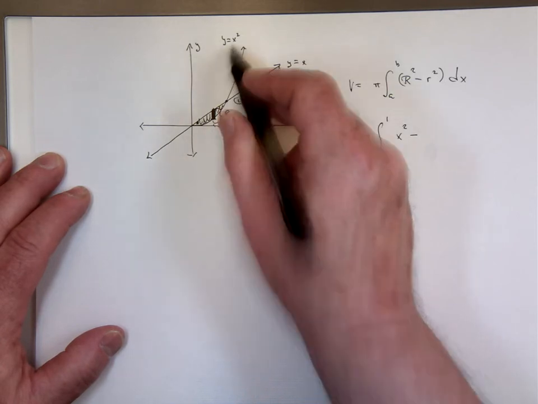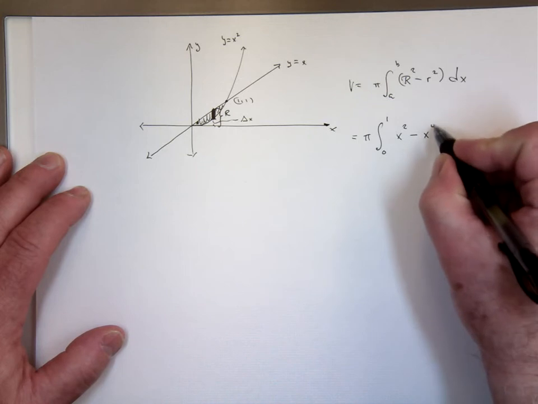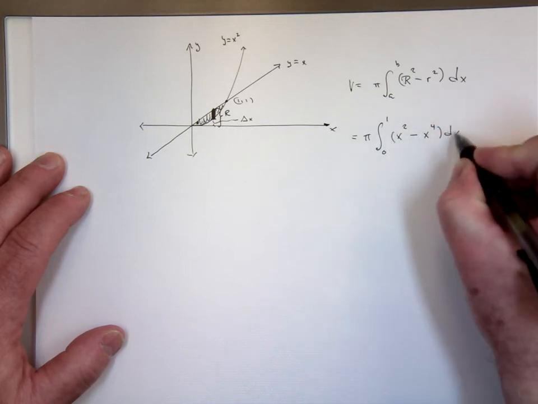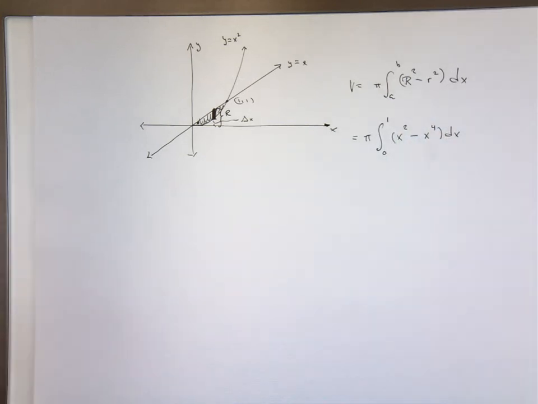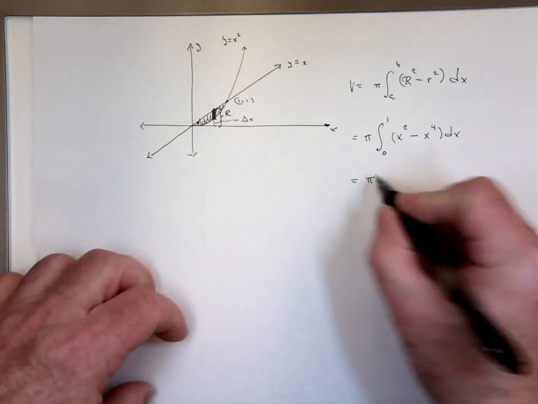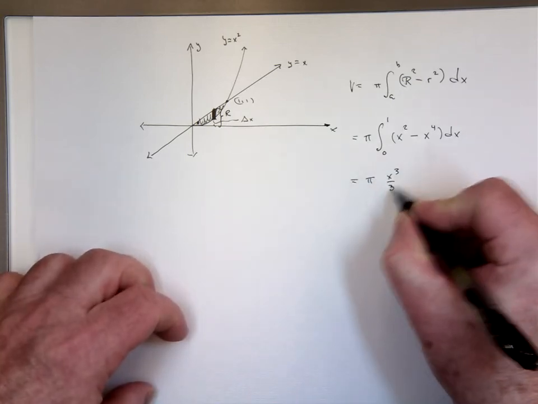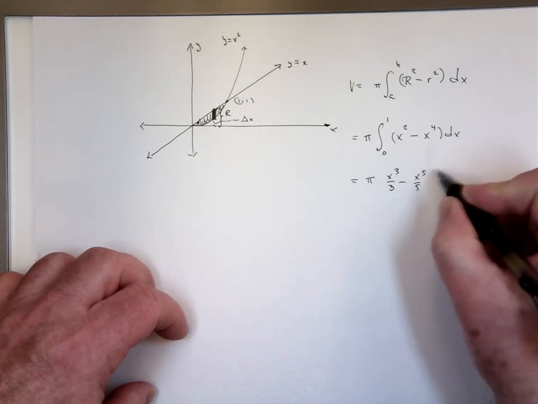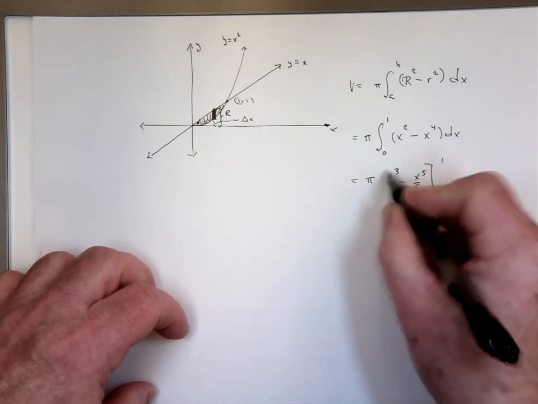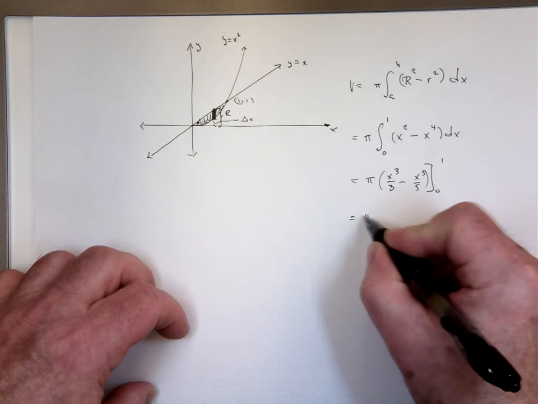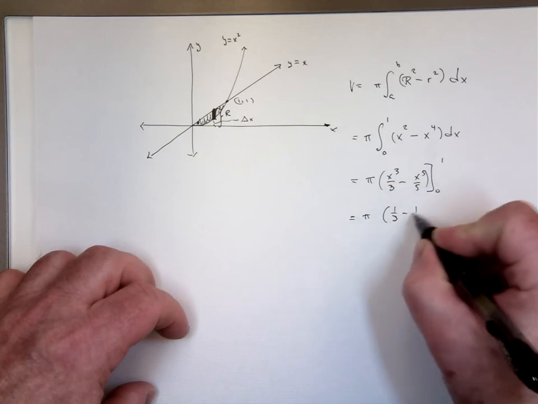This integral gives us the exact volume of that solid of revolution. So we get pi, x cubed over 3 minus x to the 5th over 5, from 0 to 1. We'll get pi times 1/3 minus 1/5, which is equal to 2 pi over 15. Okay?